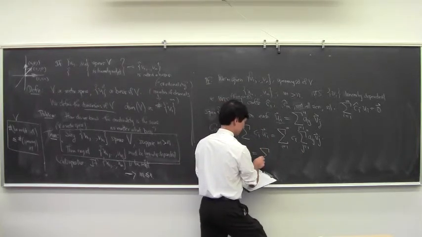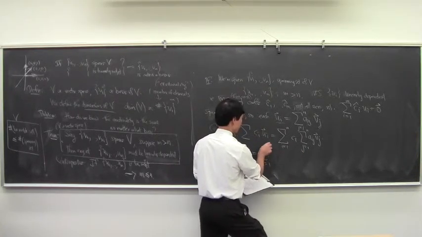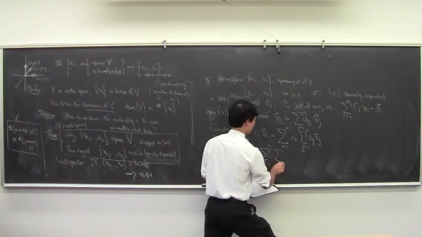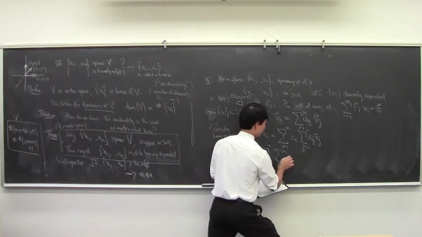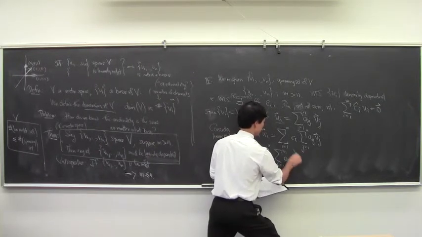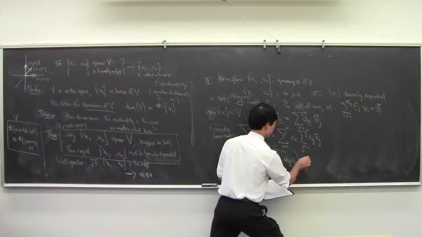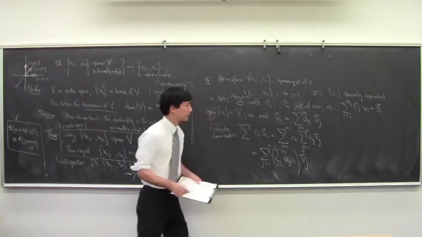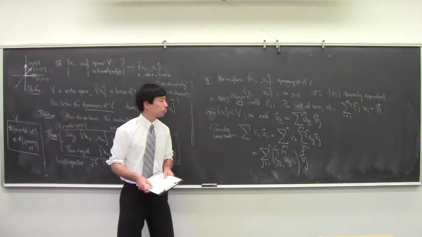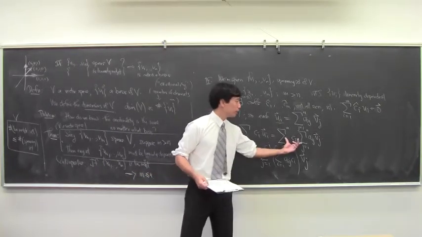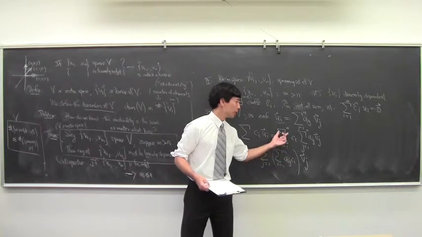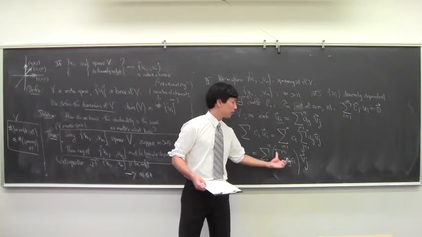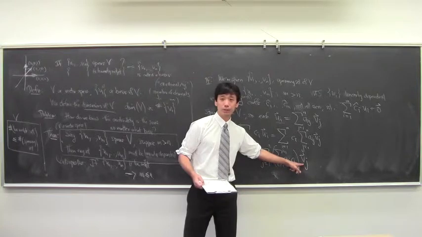We write this as summation j from 1 to n, summation i from 1 to m, of Aij Ci Vj. So I just reversed the order of summation. Instead of summing over the i's first, I'm going to sum over the j's first. I'm seeing basically what the coefficients of the Vj's are.